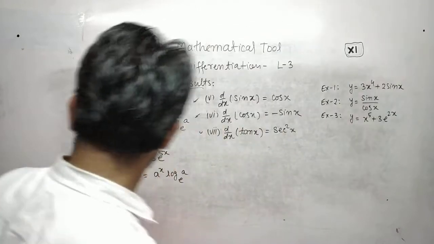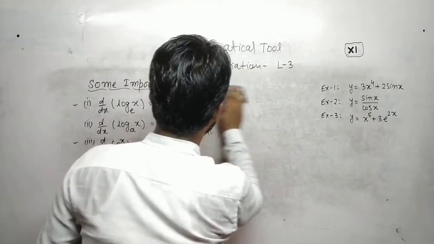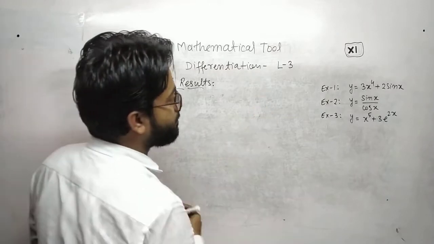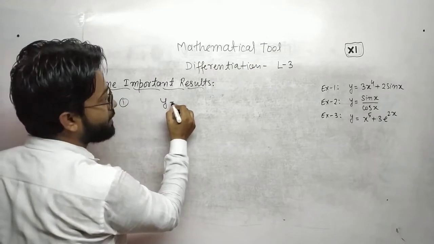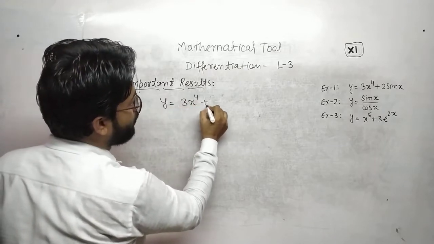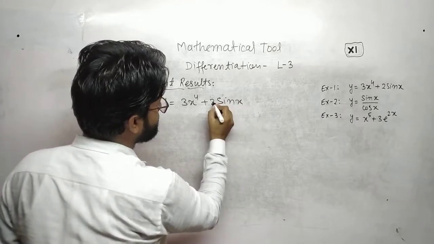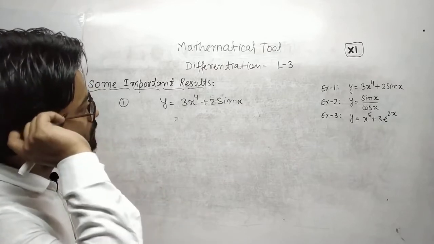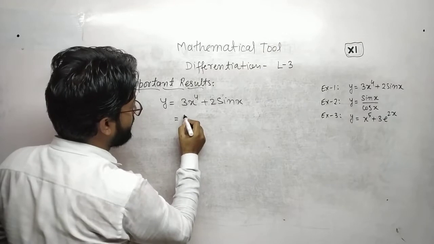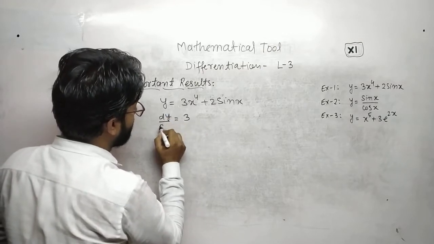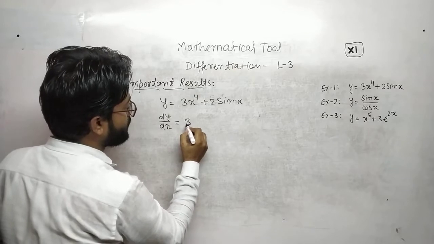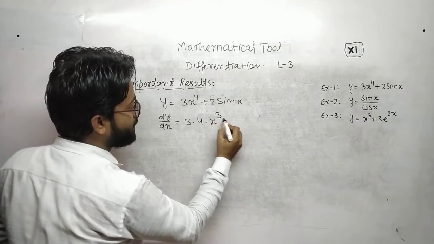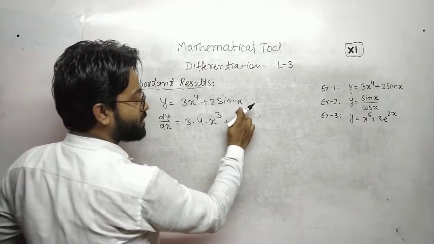results. Now next, some examples are given. First example: y is equal to 3x to the power 4 plus 2 sin x. Differentiation, dy upon dx, will be equal to 3 as it is, differentiation of x to the power 4 is 4x to the power 4 minus 1, that is x cubed, plus 2 times differentiation of sin x.